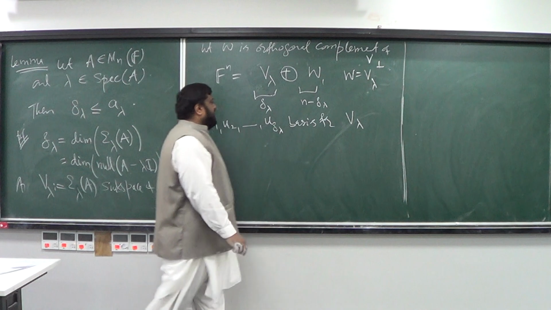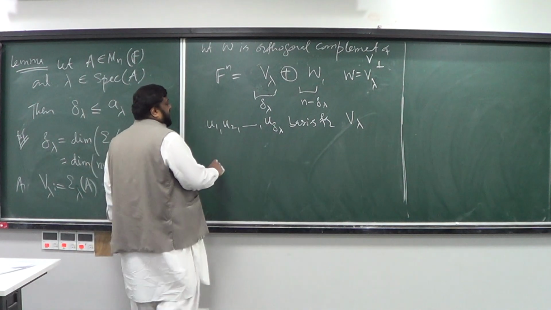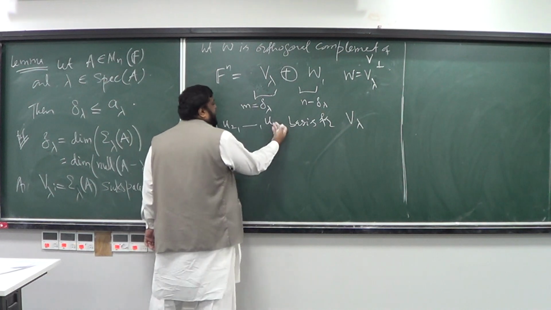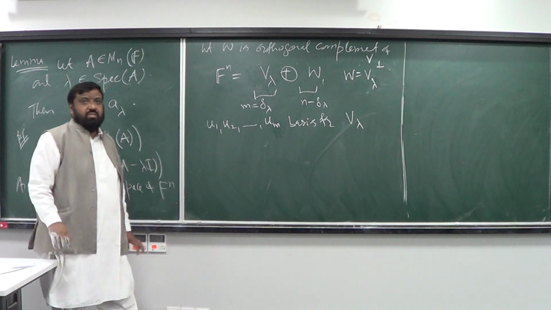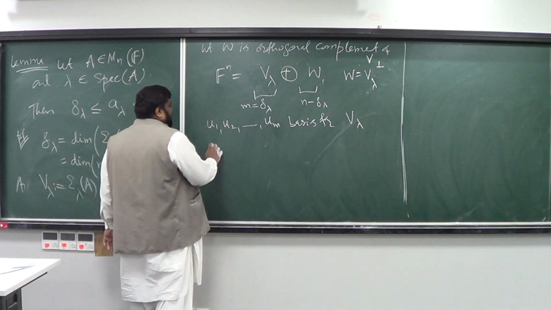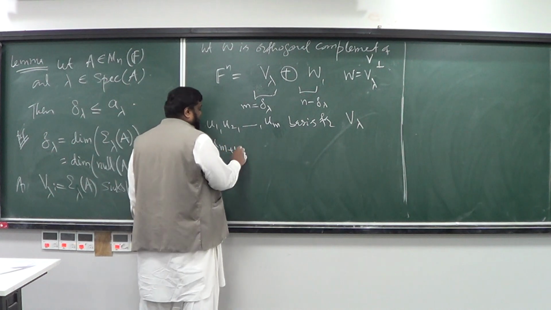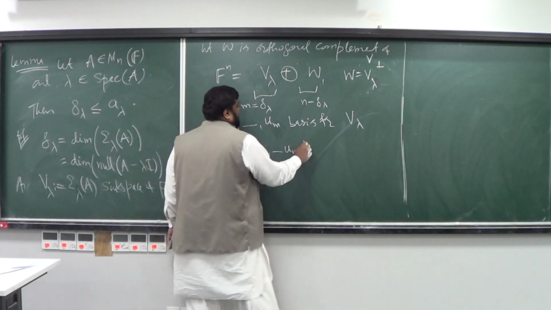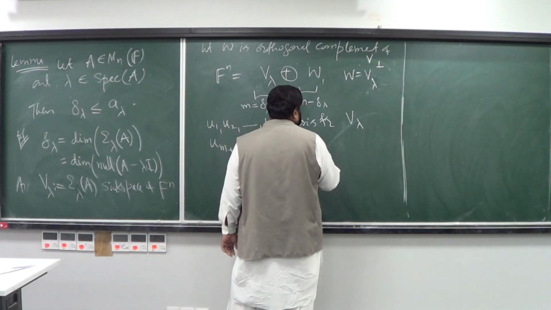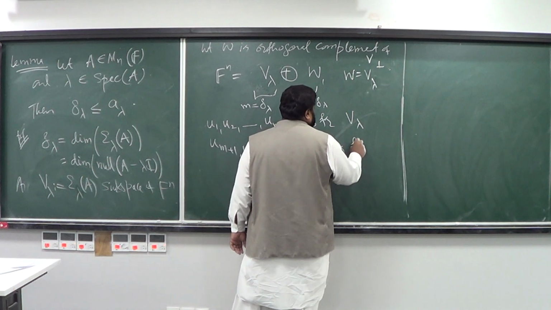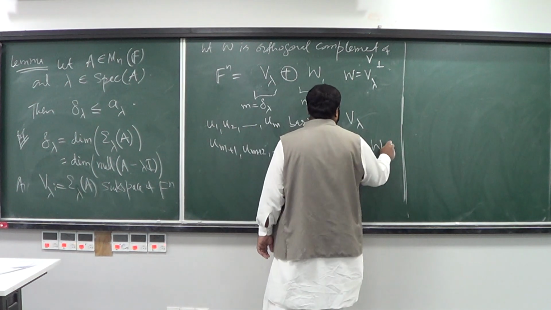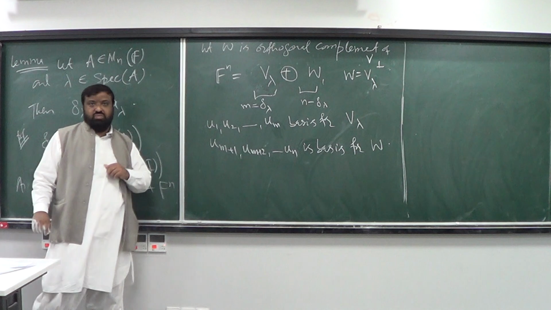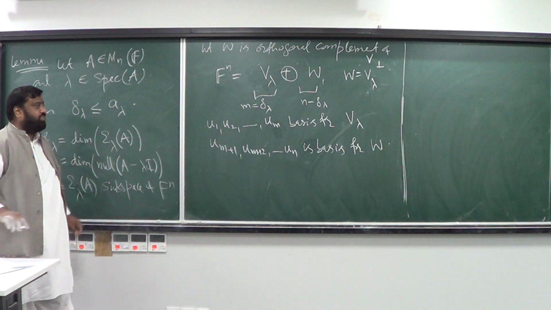For the sake of simplicity, let's call G lambda by M, so M is G lambda. And let's assume that U(M+1) up to Un is a basis for W. Obviously when you put all of these together, it's going to be a basis of F^n.